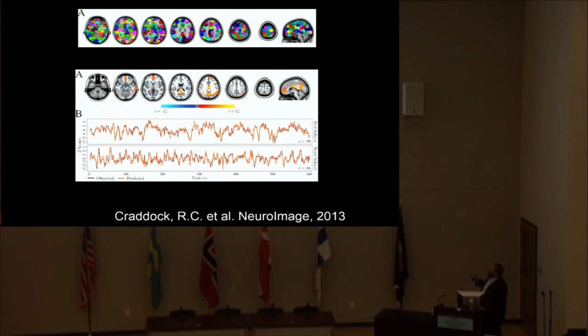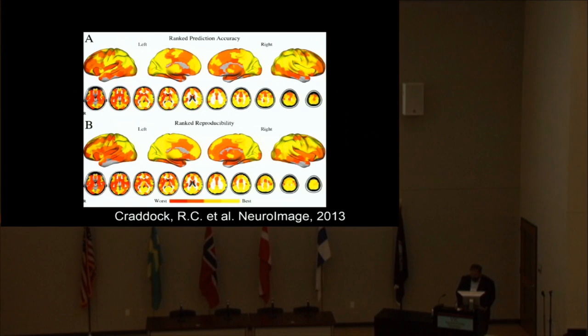So this is the best subject, and this is the worst subject in this cohort. And we went further and looked at every parcel and essentially ranked each region of the brain in terms of how reproducible, here in panel B, those multivariate weights were, and how well we could predict those time series up here in prediction accuracy.